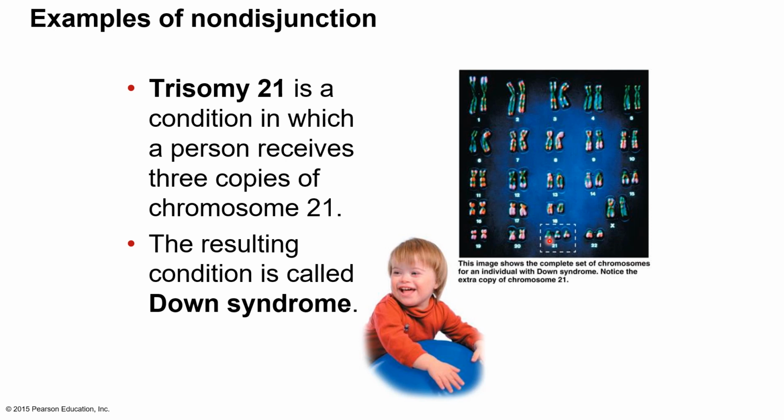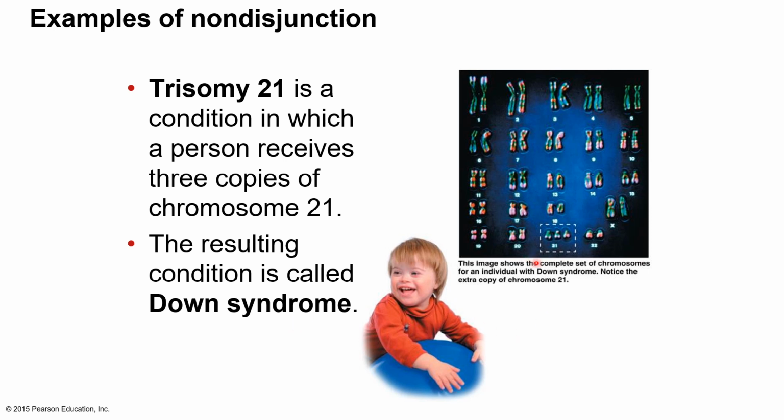But if something goes wrong, like in non-disjunction, and your homologous chromosomes or your sister chromatids fail to separate, you can end up with an extra copy of the chromosome. In this case, this individual gets an extra copy of chromosome 21. That's what results in the disorder known as Down syndrome.